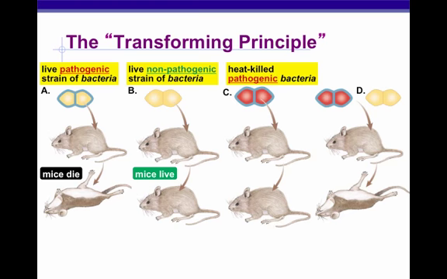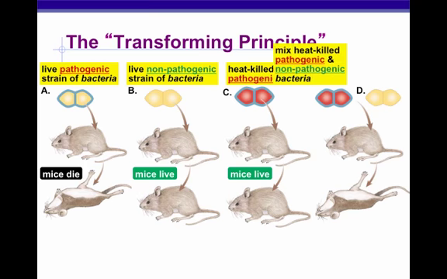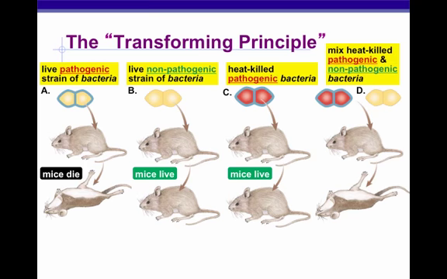If you heat kill, in other words, if you boil the pathogenic bacteria, then the mice will live. So something is denaturing the genetic material there. But if you mix the heat-killed pathogenic and the non-pathogenic bacteria, then there's something about changing that DNA and allowing it to be incorporated into the non-pathogenic bacteria so that it kills the mice.